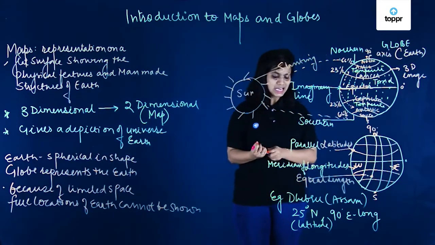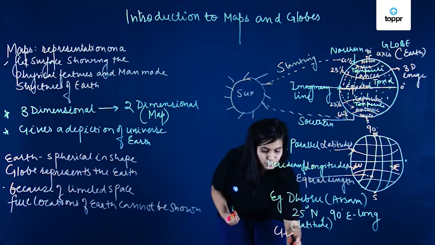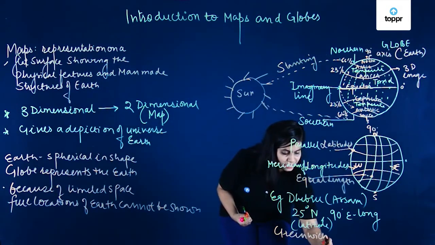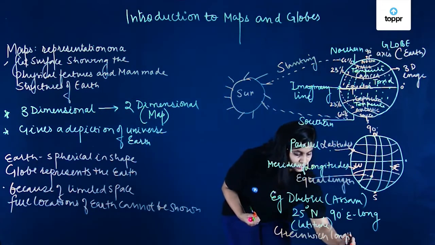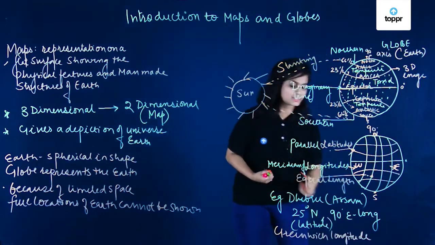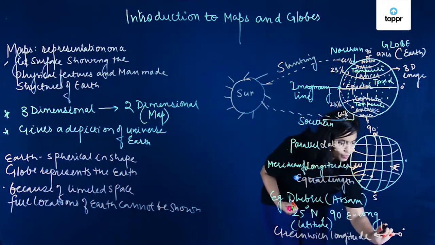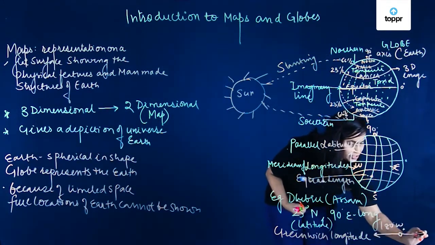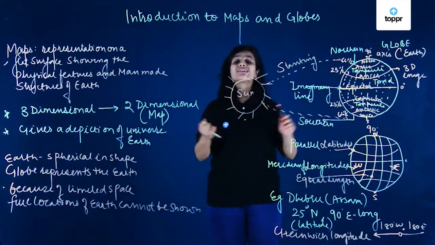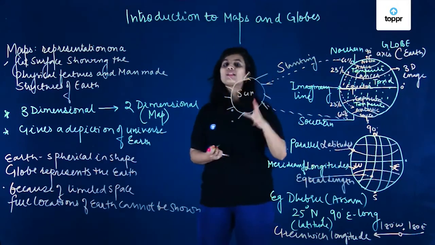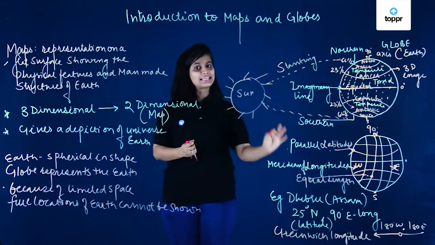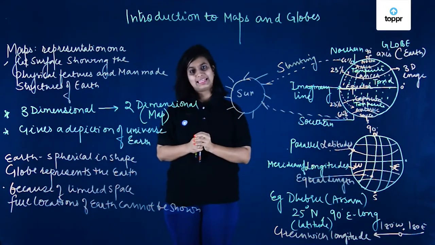It measures at 0 degree. It measures in the west as 180 degree west, and in the east as 180 degree east. This is the universal longitude, and all distances are measured by taking the Greenwich meridian as reference.